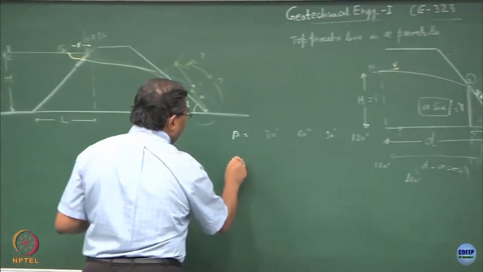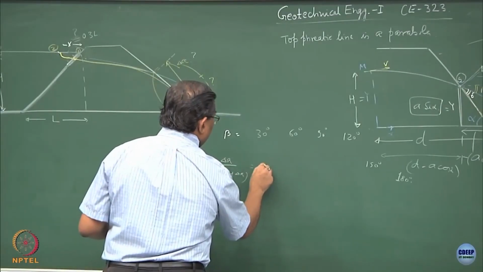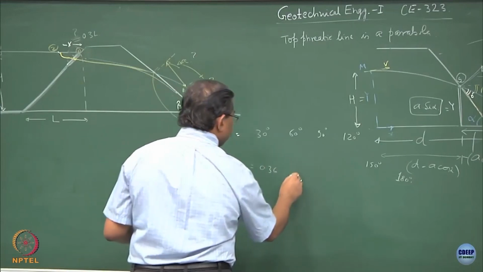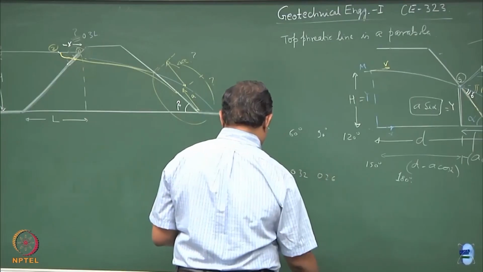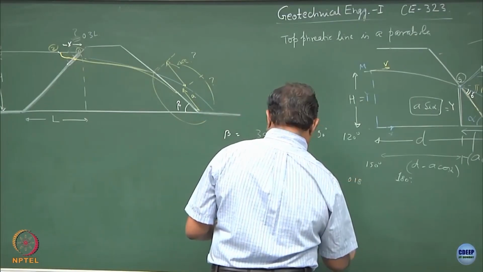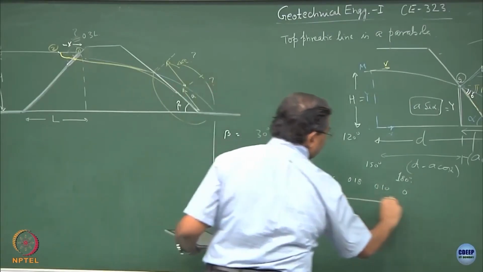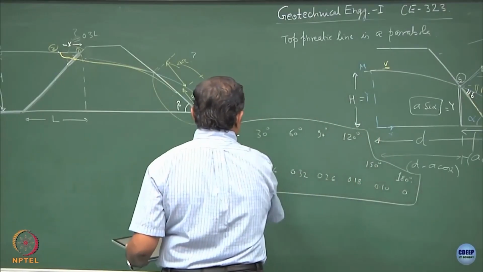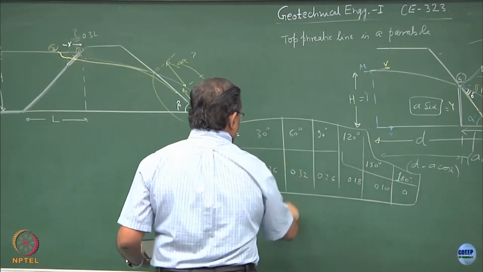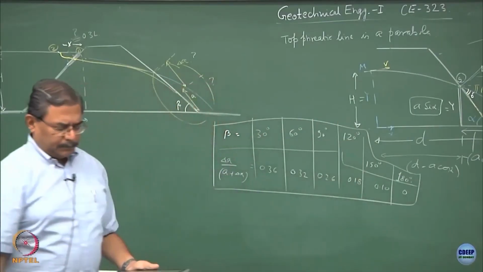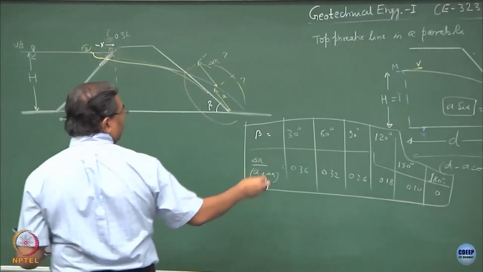The value of delta A upon A plus delta A is 0.36, 0.32, 0.26, 0.18, 0.10 and 0. This was given by Arthur Casagrande.